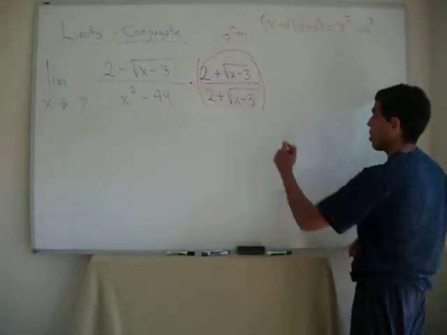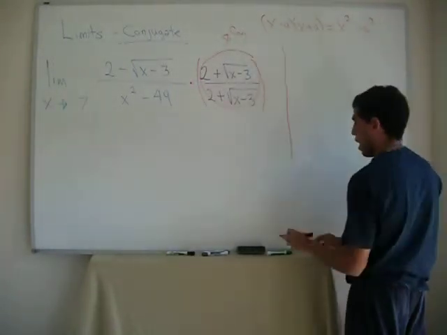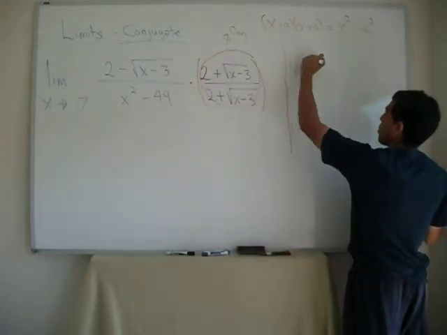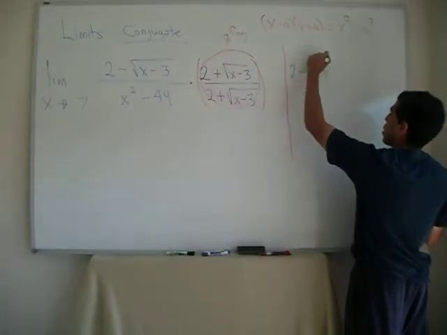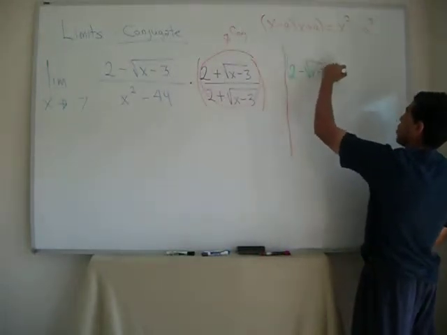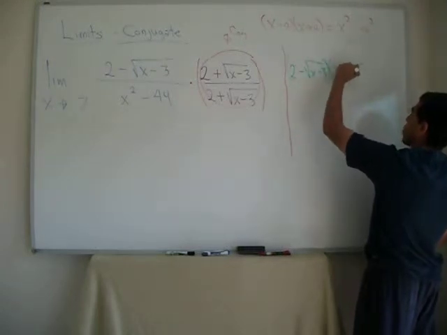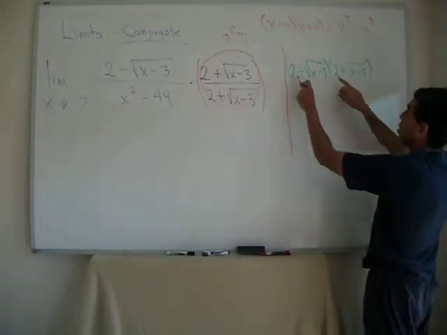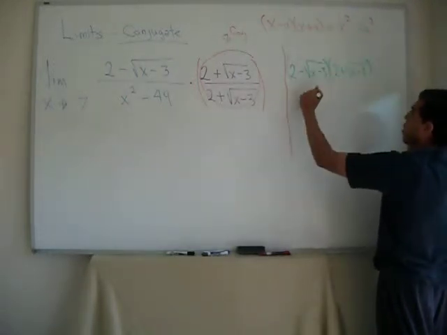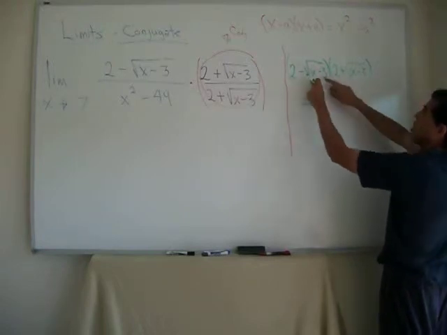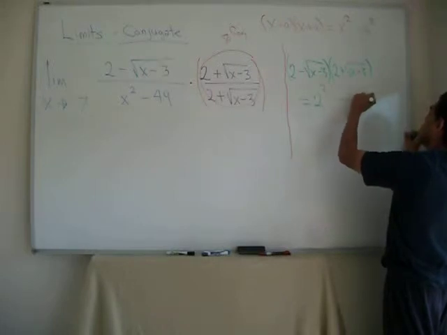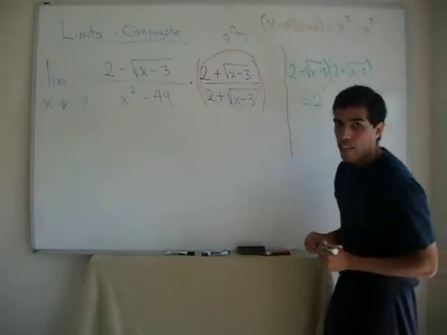So, I'm going to make a note right here, and state that 2 minus square root of x minus 3 times 2 plus square root of x minus 3 is going to be equal to 2 squared minus square root of x minus 3 squared. Okay, it's just a notable product.